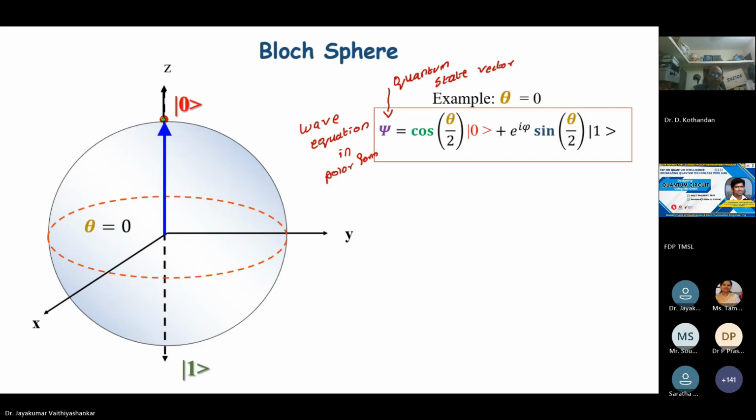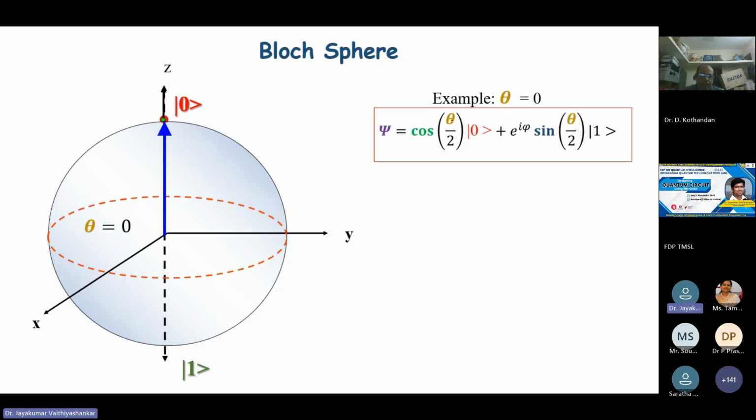Okay, so this wave equation, the quantum state vector, contains two components. One is cos, one is sine. These two are opposite in nature. So that is why we selected sine theta and cos theta, because we want to represent two opposite phenomena.